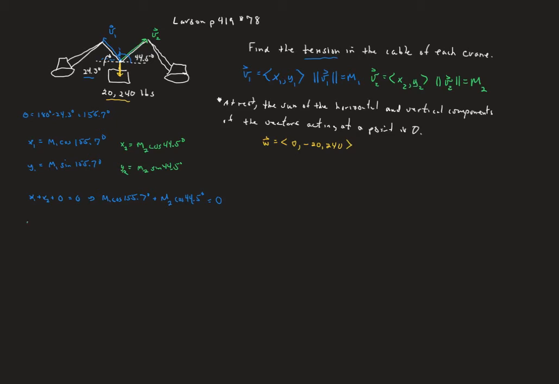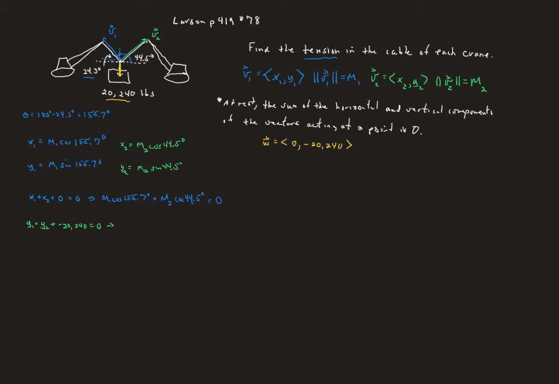Similarly, we're going to get that the sum of the y components, so we're going to add the y component from vector 1 plus vector 2, and then we're going to get that negative 20,240 pounds from our weight vector. The sum of all the y components must be 0 as well.